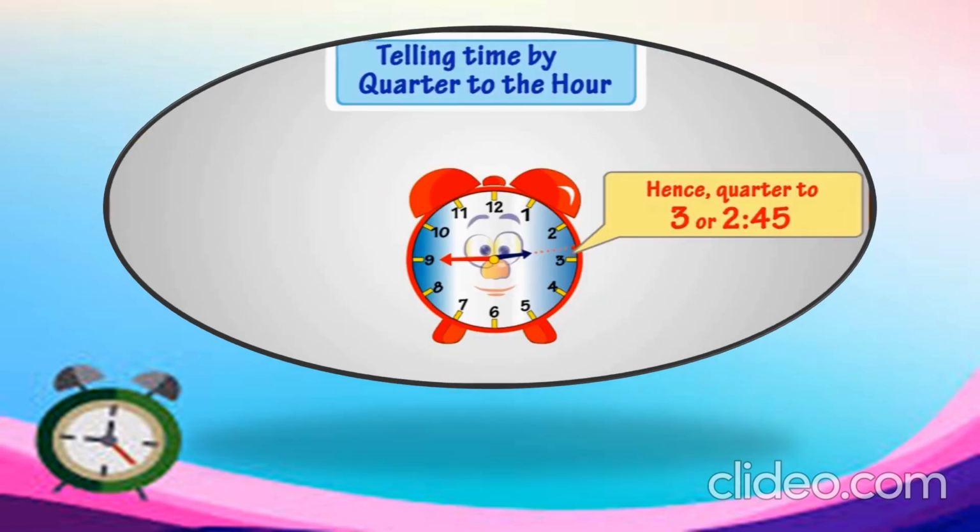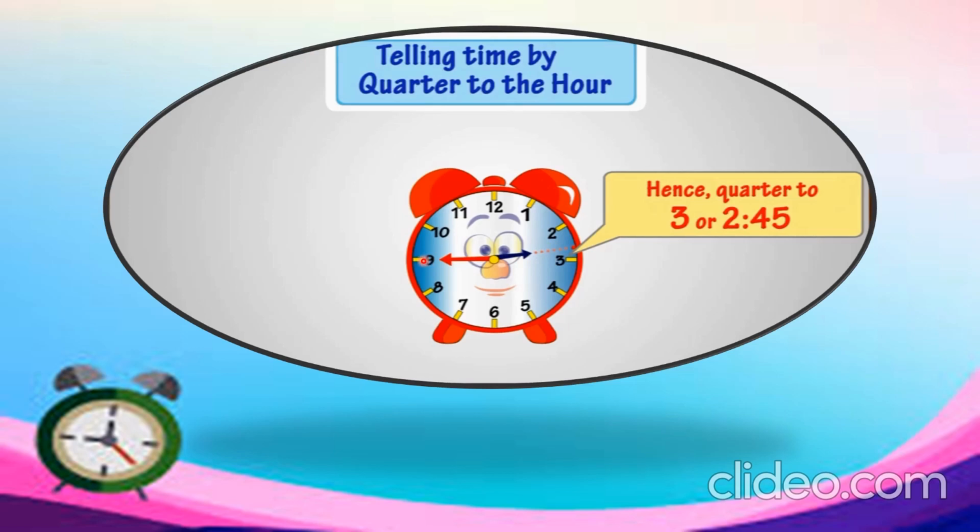Next, quarter to. In quarter to, always remember, the long hand points towards 9. That means it is 15 minutes to. That is quarter to. Quarter to means 15 minutes to the next hour. What is the given time here? It is 2:45.